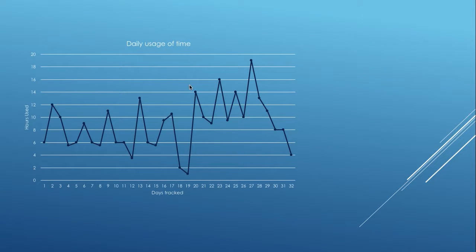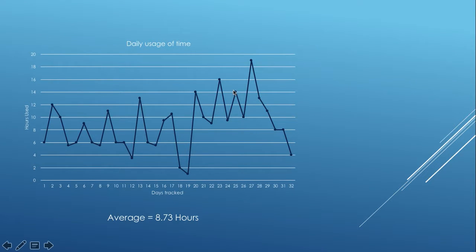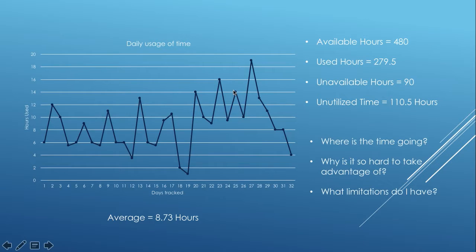The next one I did was a chart of my usage of time throughout the course of the 32 days that I monitored this. So this is the number of hours that I was utilizing every day. My hours available for 32 days, 16 hours a day, was 480 hours.